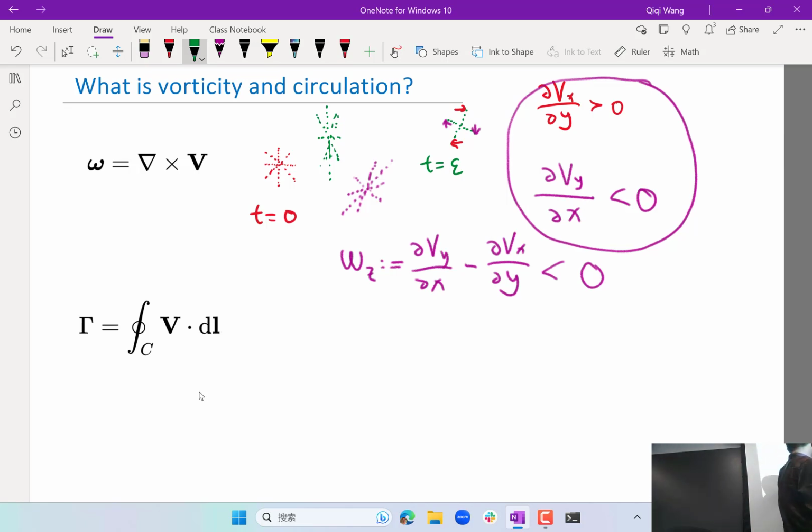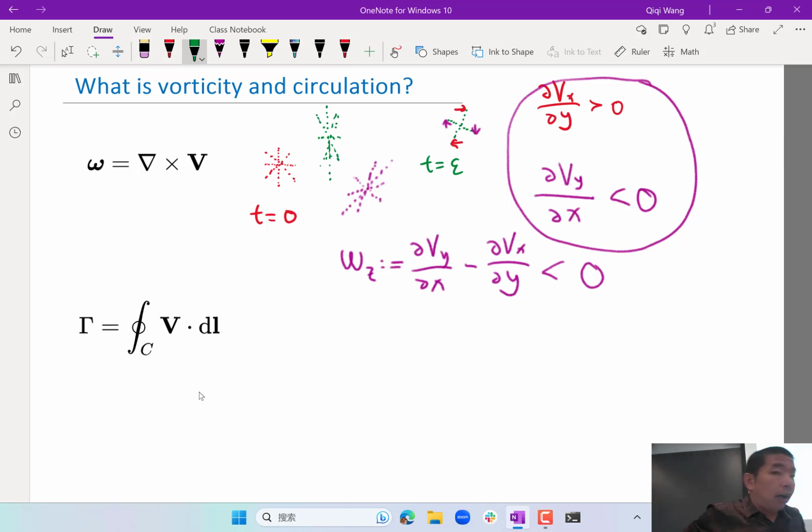And also, I'm looking at the scenario where the time is equal to epsilon, a very small amount of time. When you have a large amount of time, then you have to really integrate, solve differential equations to see the angle of the rotation. In that case, even if the angles are the same, there might be vorticity. All right. Other questions? Yeah, that's a good one.